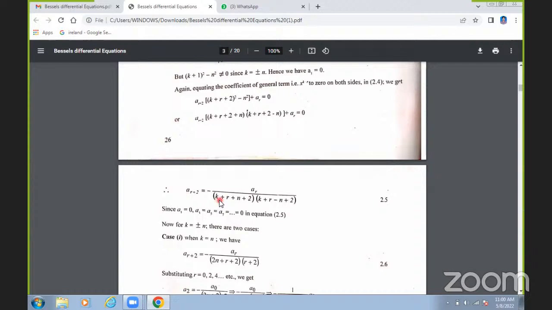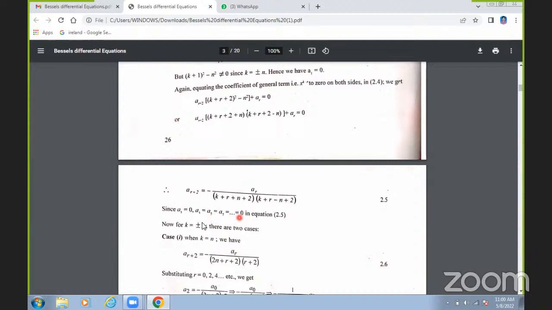So therefore, if you put a1 is equal to 0, that is already we know since a1 value is 0, we are going to get from this equation the values of a3, a5, a7, a9, that is the odd values, and so on, will be equal to 0.